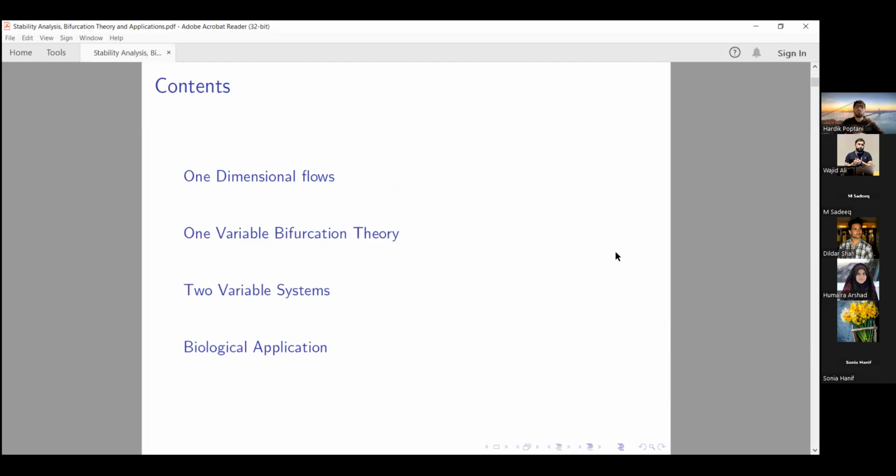Yes. Okay. So we will first be talking about flows in one dimension with one variable. And then we talk about stability and the definition.